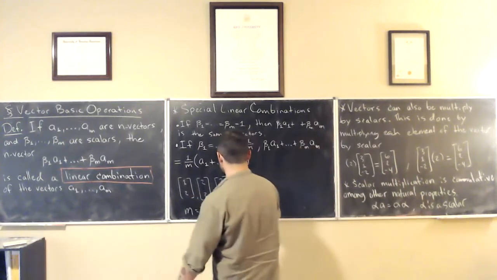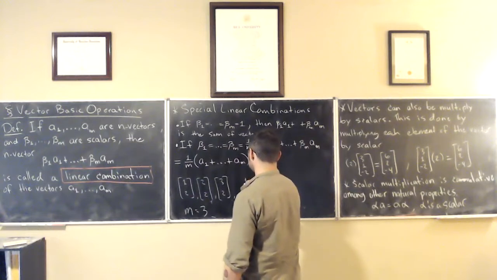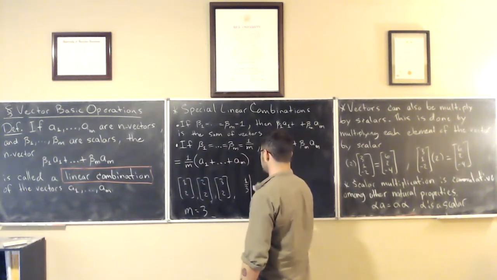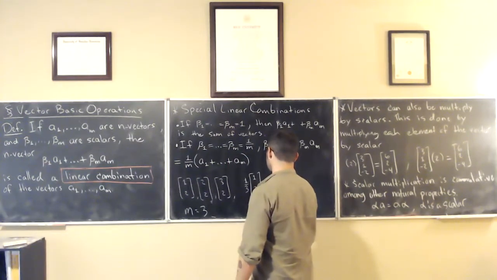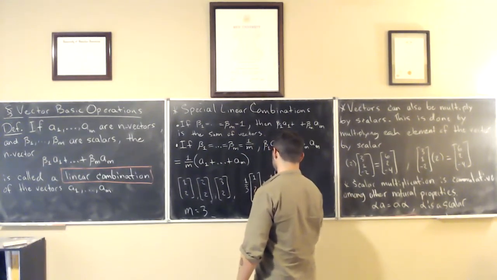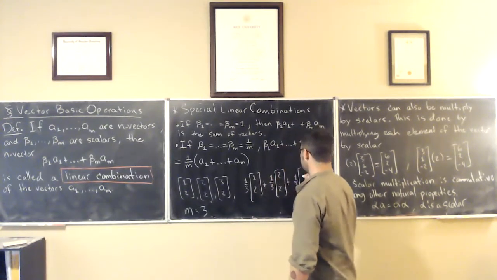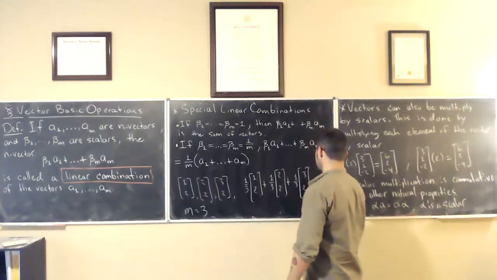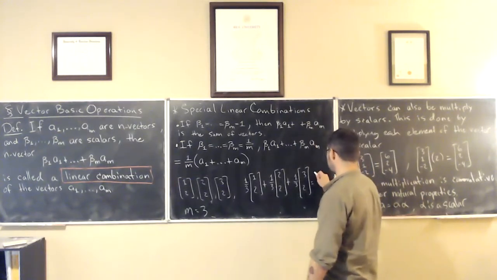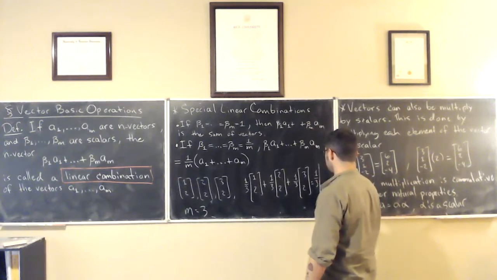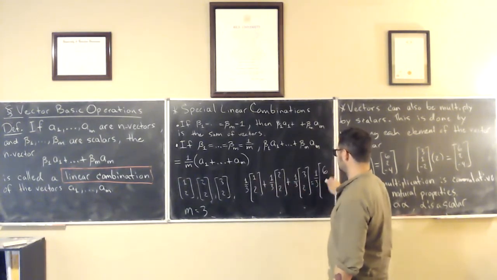So then, if you do 1 over m, which is 1 over 3, I'm going to go ahead and just write this as 1/3 of, so we'll have 6 there.